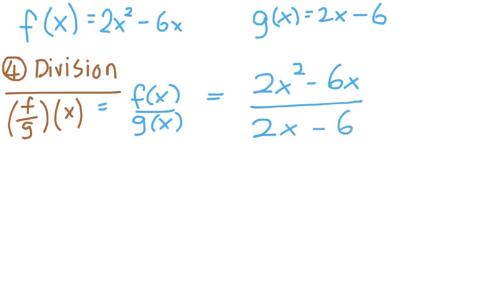Okay, so for the division, you need to apply factorization. So you need to factorize the upper part, and you also need to factorize the lower part. If you cannot factorize, then it's okay. Alright, so first we go with the upper part.